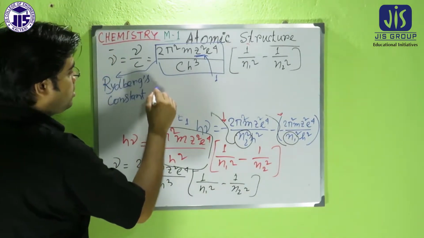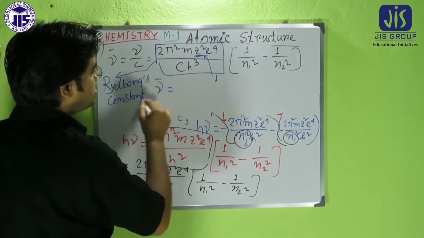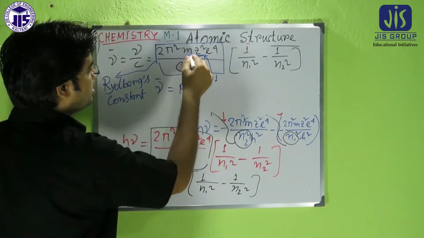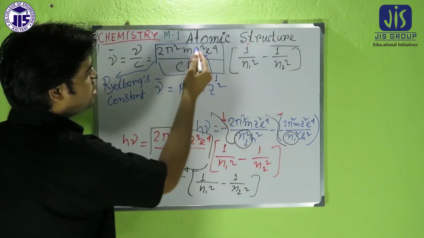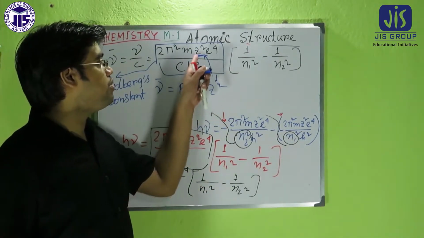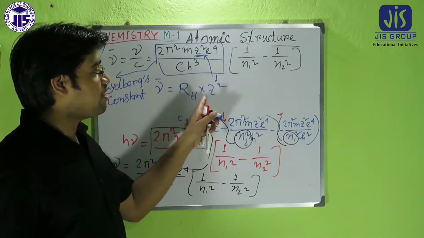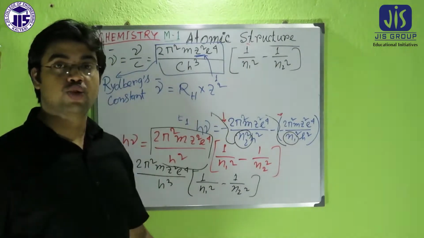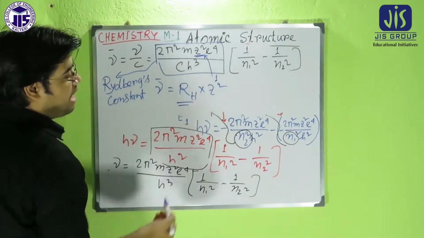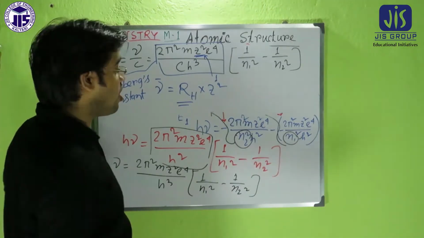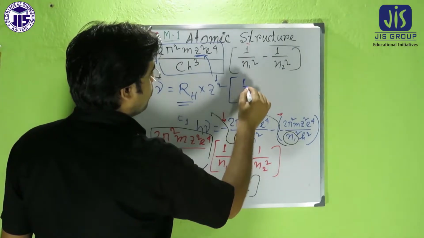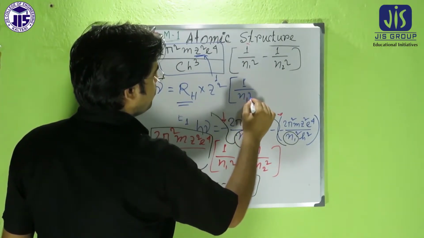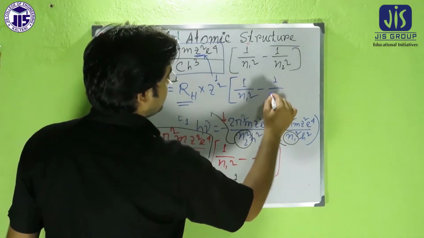So the equation reduces to nu bar equals R, the constant for hydrogen, times 1 by n1 square minus 1 by n2 square. If you consider z square, the atomic number of hydrogen is 1, so it is okay.